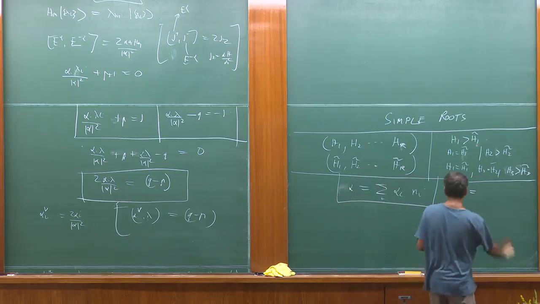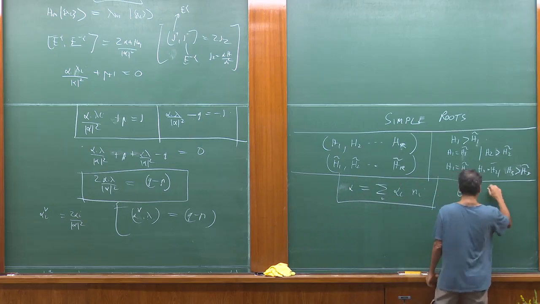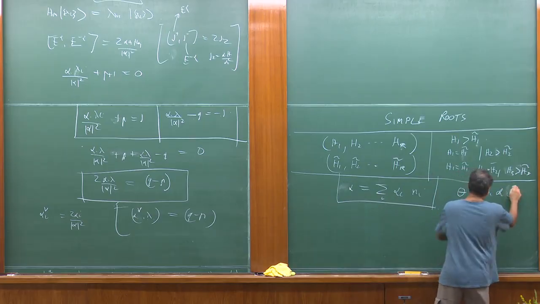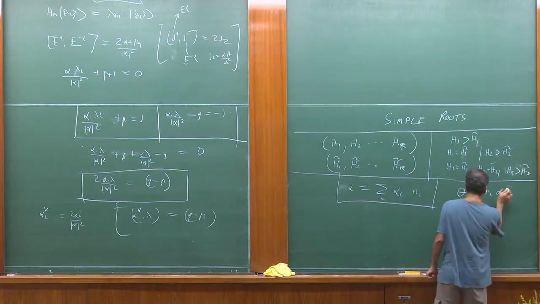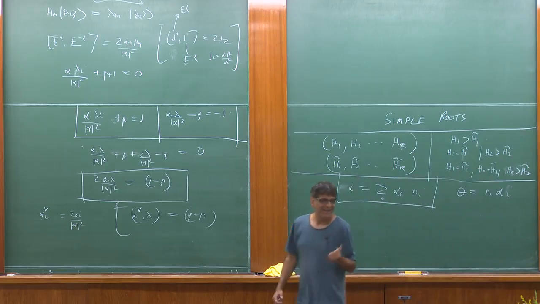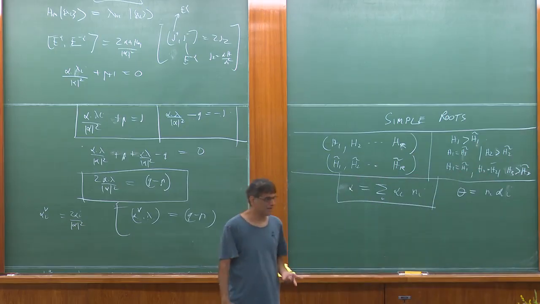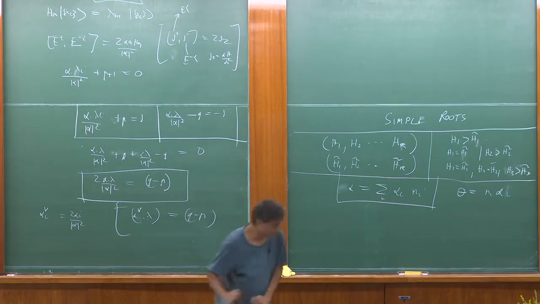So if I write theta, it's got some n_i alpha_i, because that's true of every root, so in particular it's true of theta. For the largest root, these integers have a name. They're called the marks, the Coxeter marks of this group, and they're denoted by a_i.